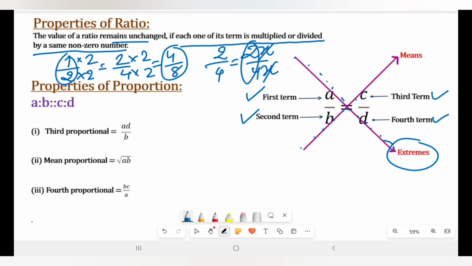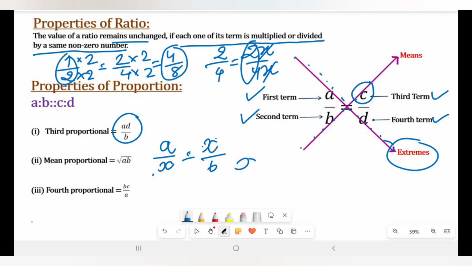Third proportional means the value C, and C will be A into D divided by B. Mean proportional: let us say the mean proportion of A and B is X, so A by X equals X by B. Here these two are called means.